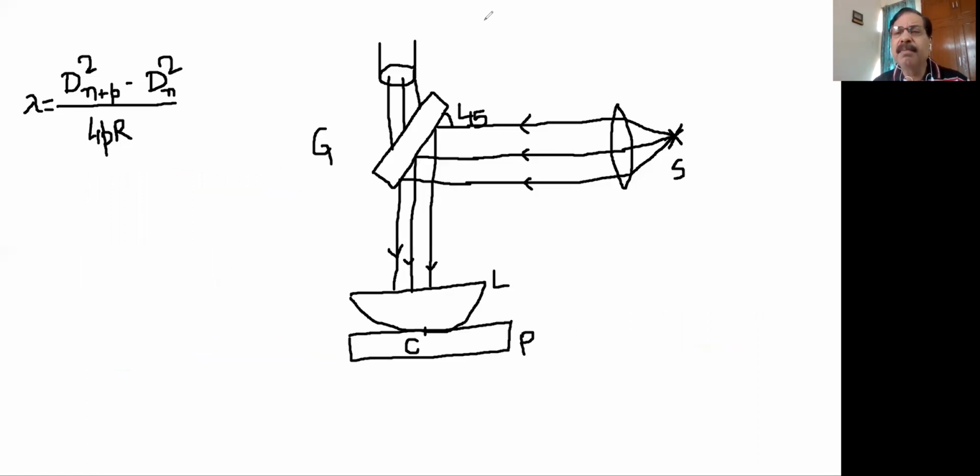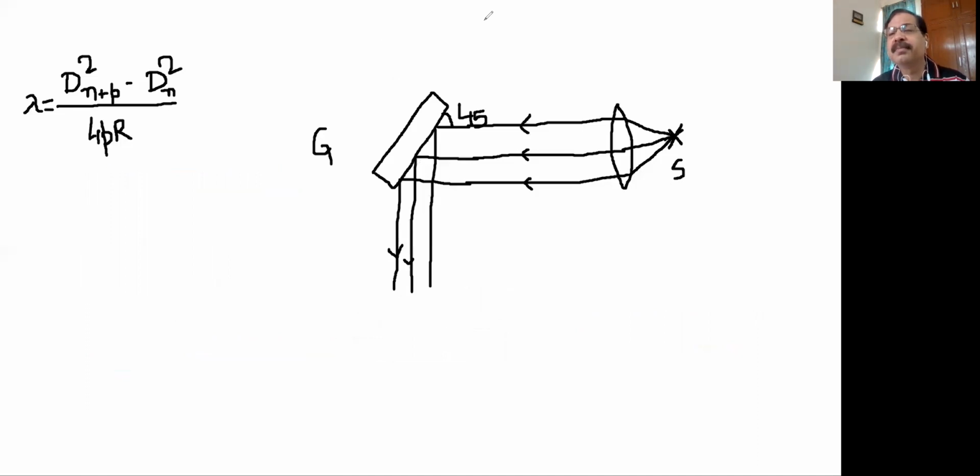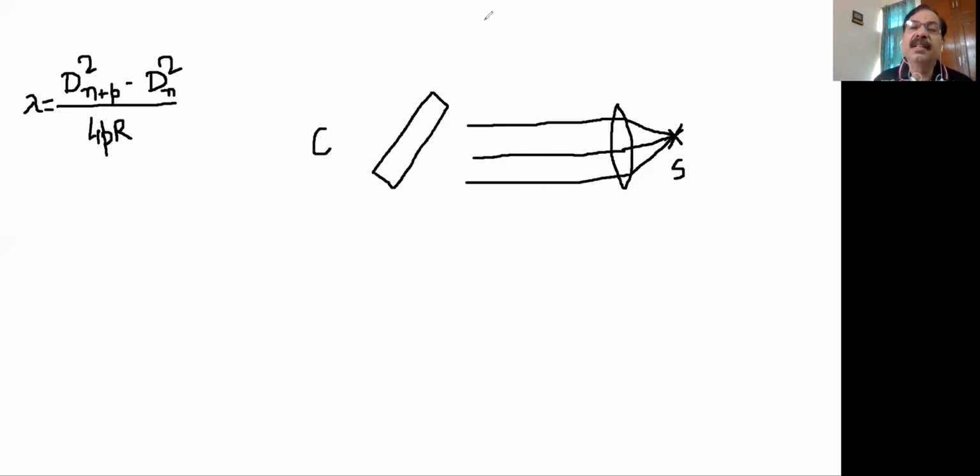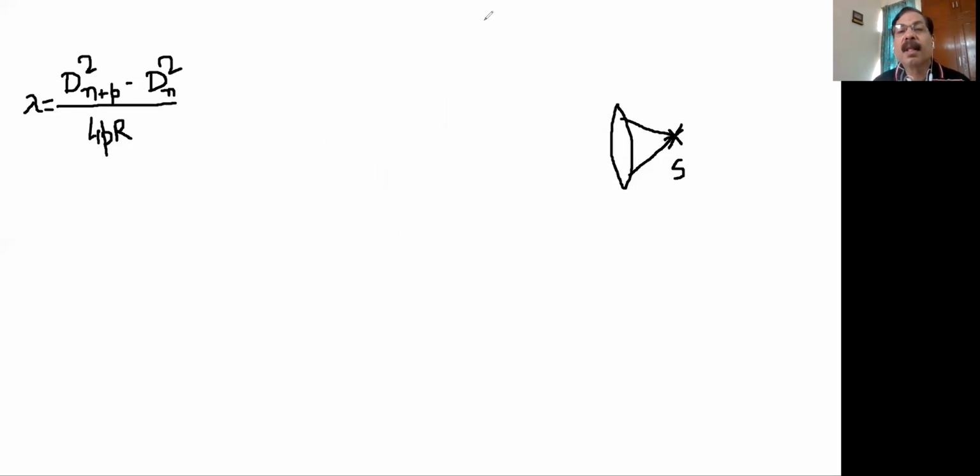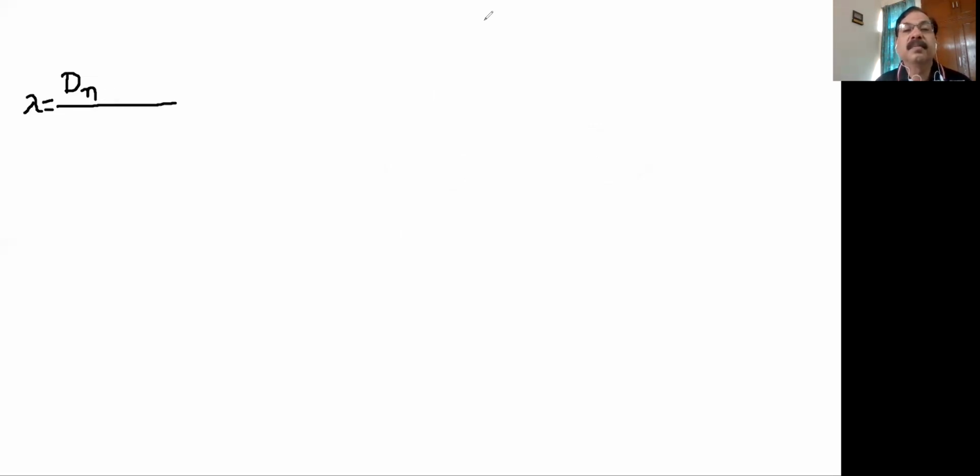The observation table is very simple, and we will use it to measure D(n+p) squared minus D(n) squared. You will draw an observation table like this.